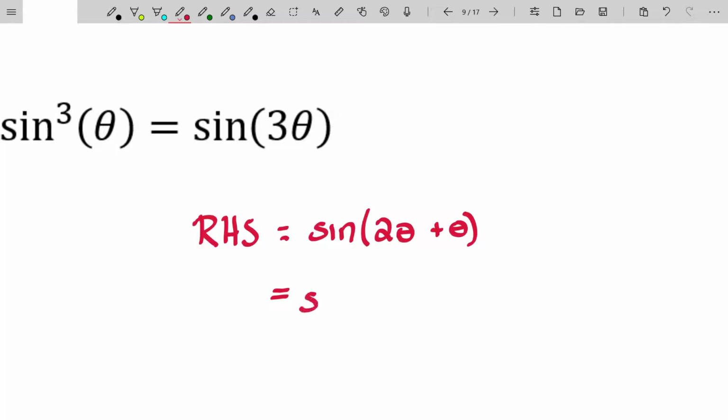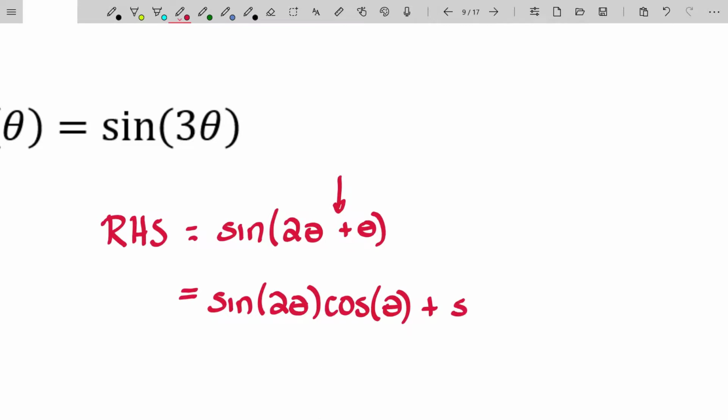So using our sum of angles identity, this would be the sine of the first angle times the cosine of the second angle plus, because sine keeps its sign, sine of the second angle times the cosine of the first angle.